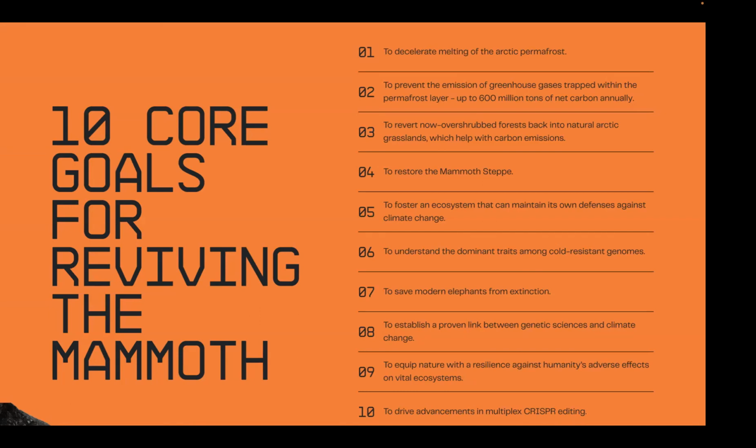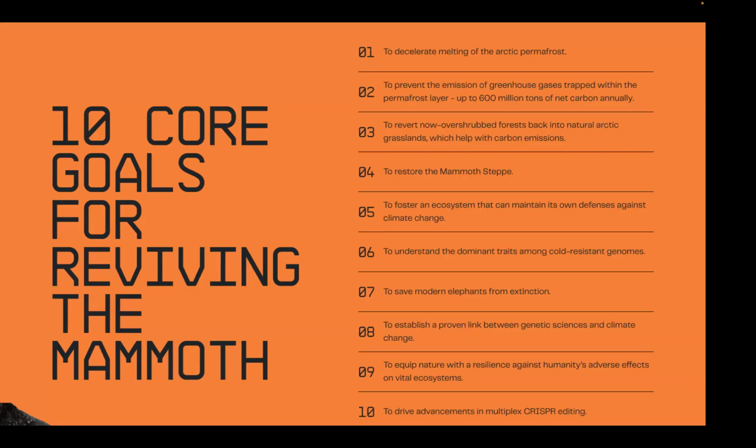So it's going to be born of an Asian elephant or a modified Asian elephant, and so it's going to have a mother and potentially a group of Asian elephants around it. Now, we don't know how much those Asian elephants are going to accept this mammoth as one of their own. It's going to be hairy and it's going to be related, but it's going to be slightly different. And so we don't know what kind of reception this mammoth will have.